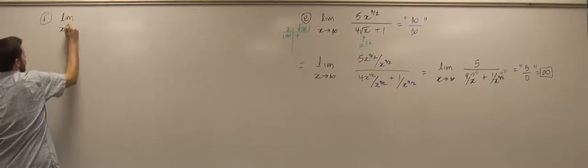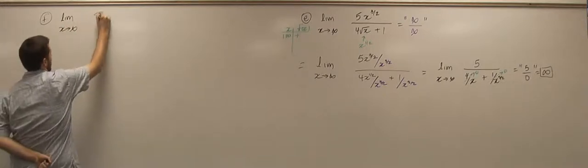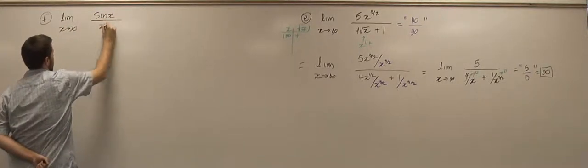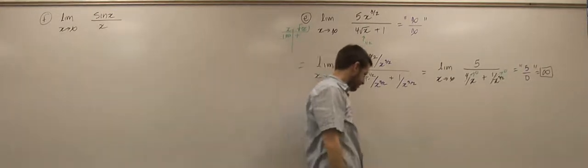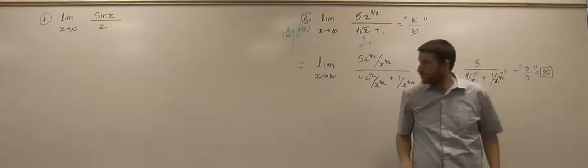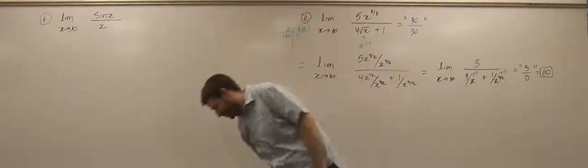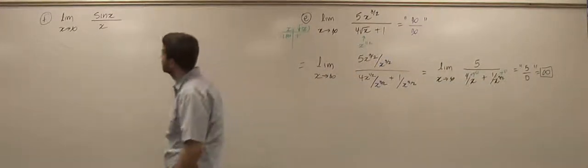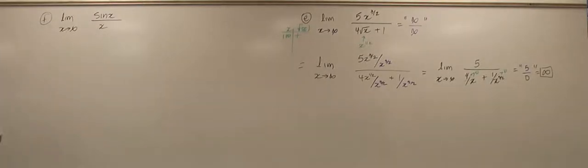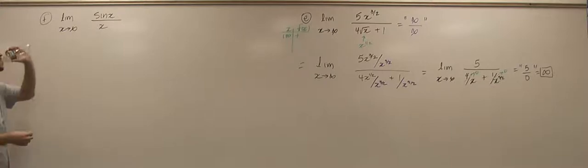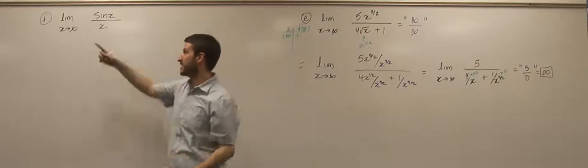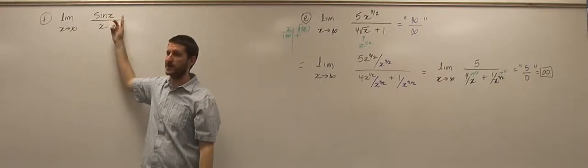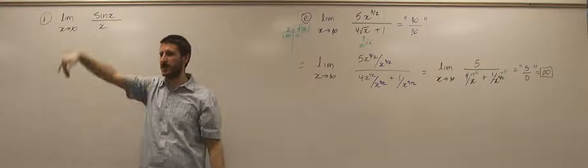Limit as x goes to infinity of sine x over x. What do you think? So it kind of doesn't make sense to plug in infinity, because sine keeps oscillating.